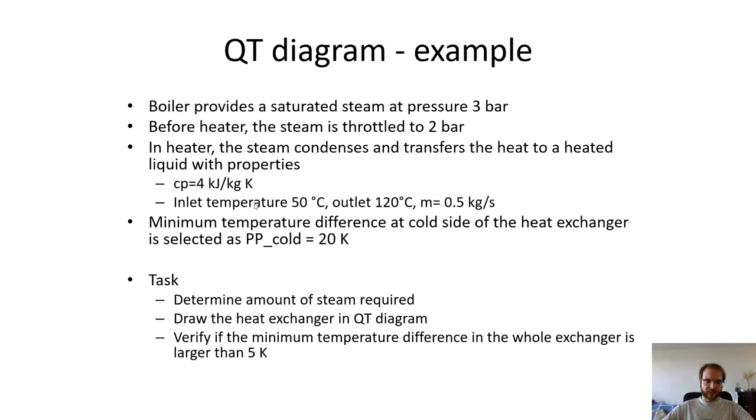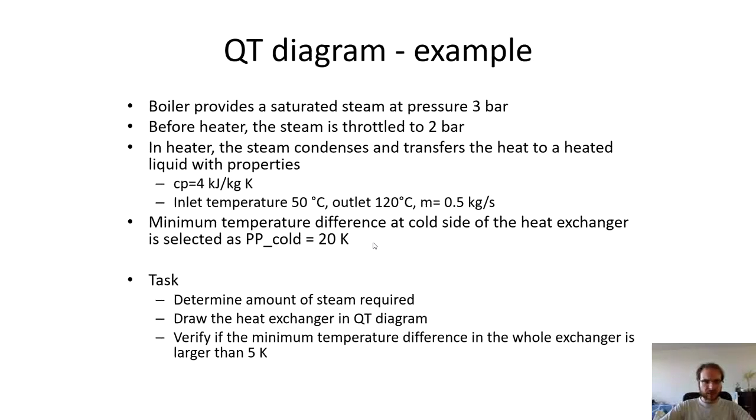normal water. And we want to heat up this fluid from 50 degrees C to 120 degrees C, while its mass flow rate is 0.5 kilograms per second. And we want the minimum temperature difference at the cold side of the heat exchanger to be 20 kelvins.